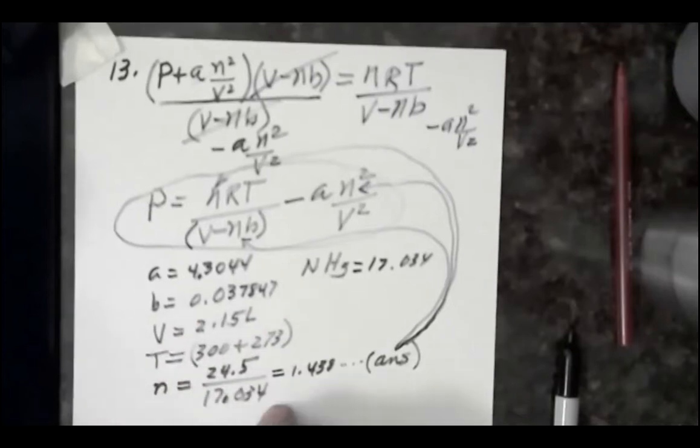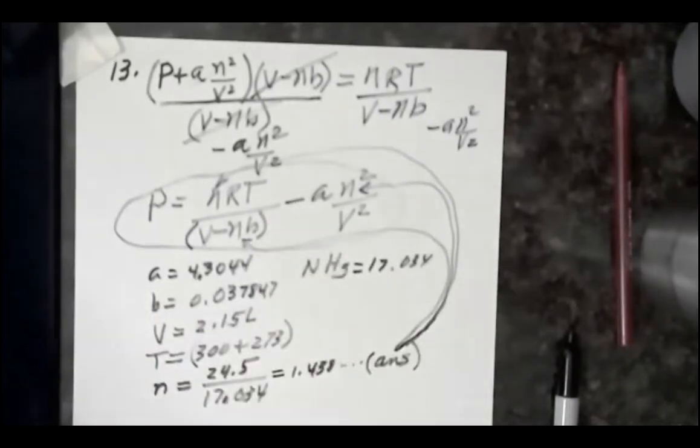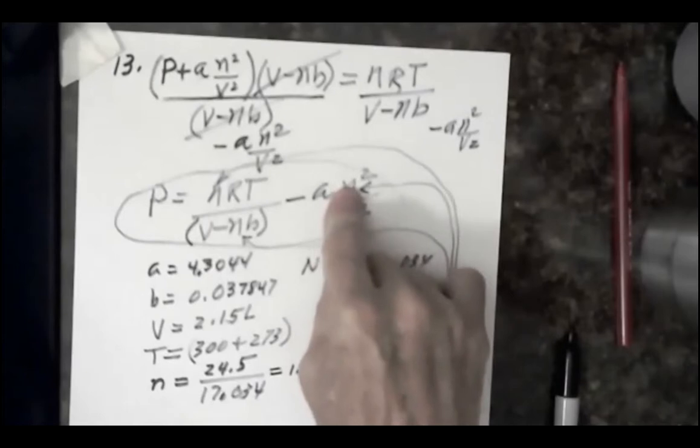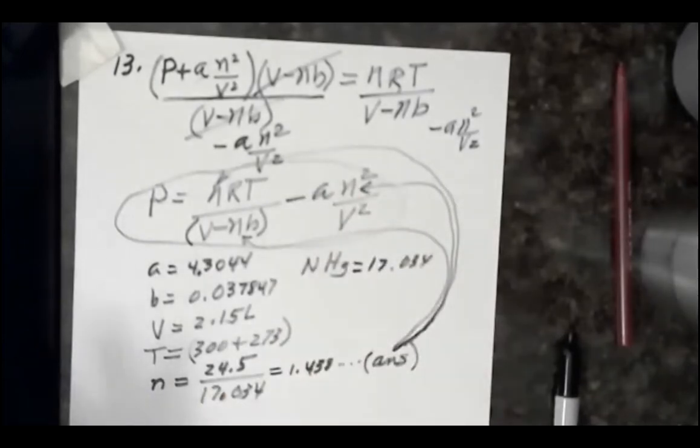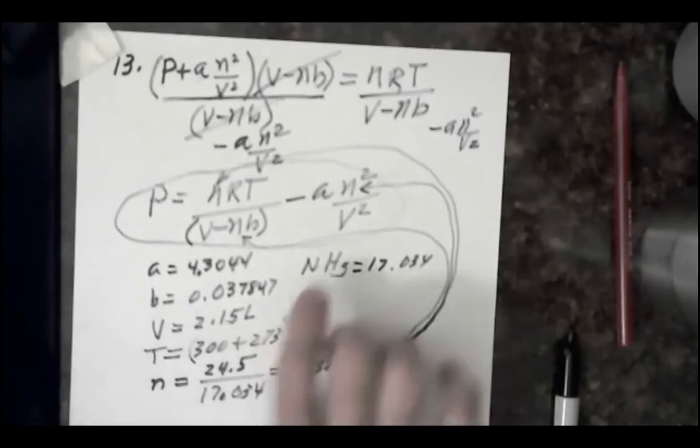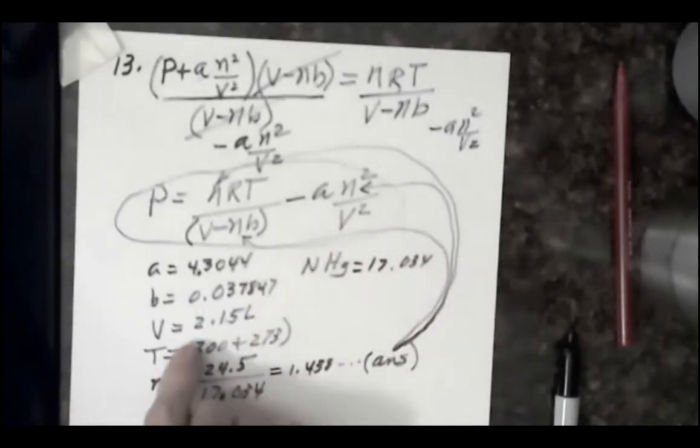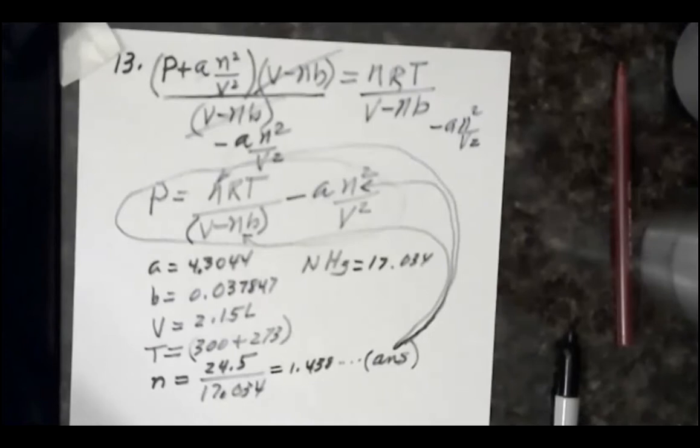Now I want to do minus my answer squared, second answer squared, divided by V squared, 2.15 squared. Now, if I haven't screwed up somewhere, when I push enter, my calculator should give me the answer to the problem.